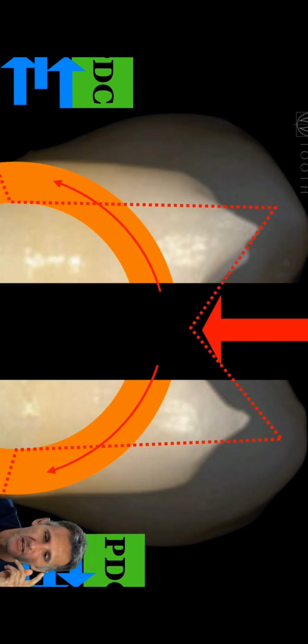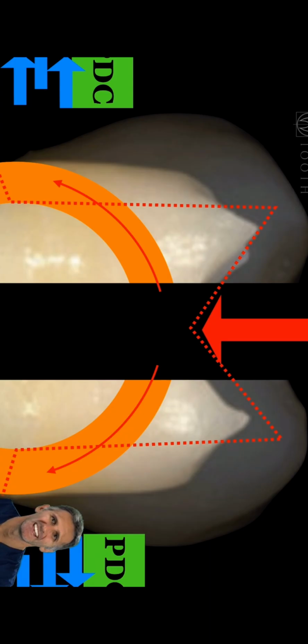So the crown is going, simplifying, to reinforce the residual dentin. But of course, if we drill too much of our tooth, like a big shoulder, a big horizontal preparation, the crown won't be enough to save this tooth.